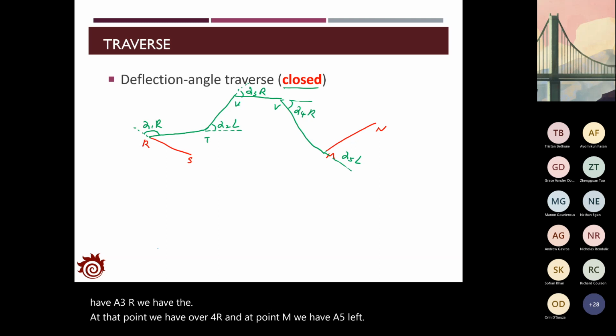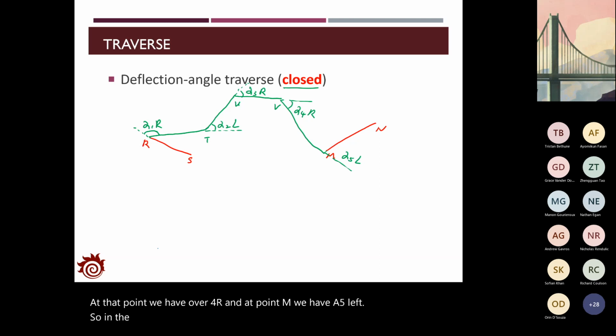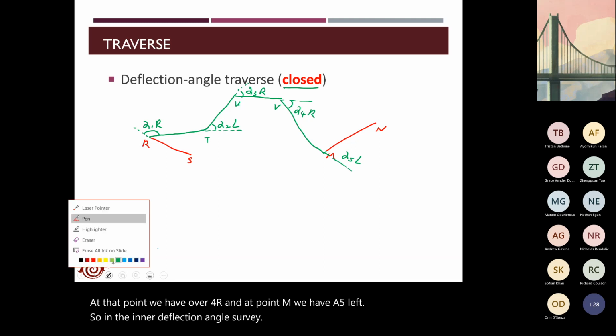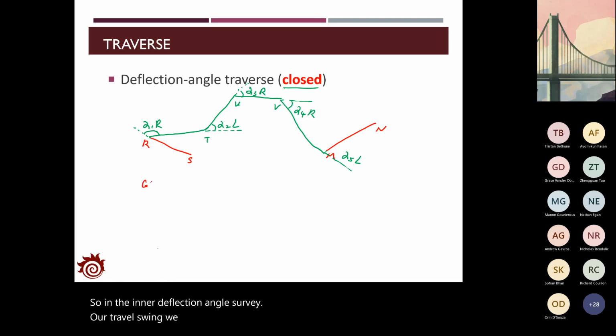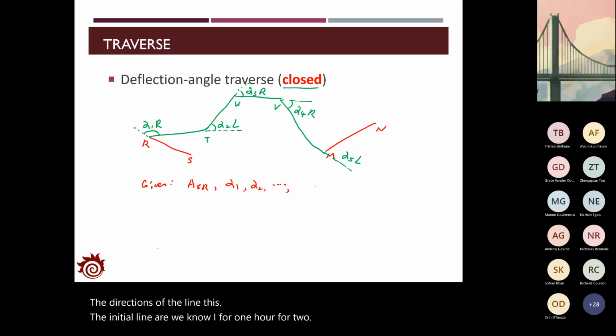So in the deflection angle traverse surveying, we are given the direction of the initial line SR. We know alpha 1, alpha 2, and in this case alpha 5.